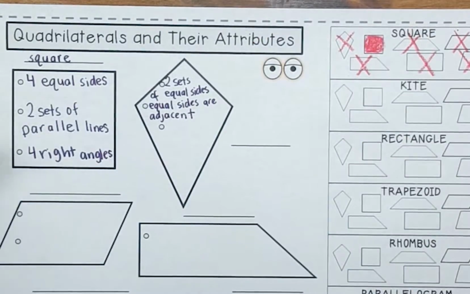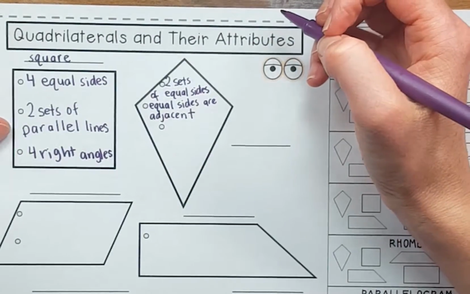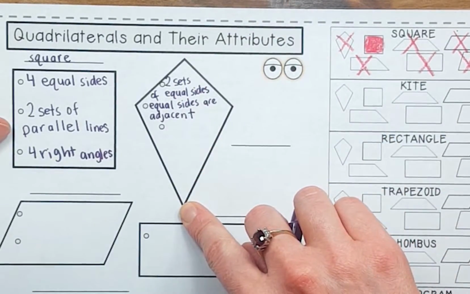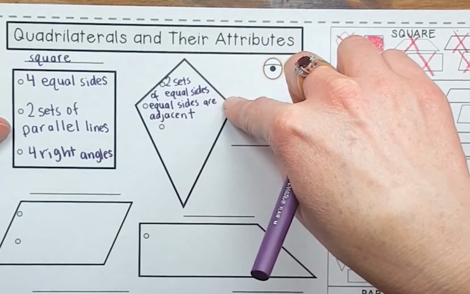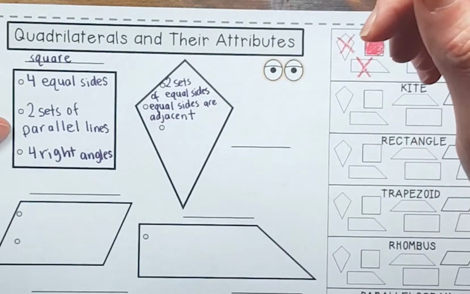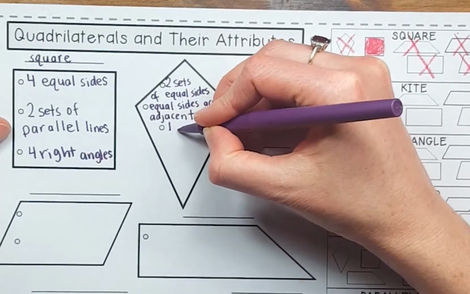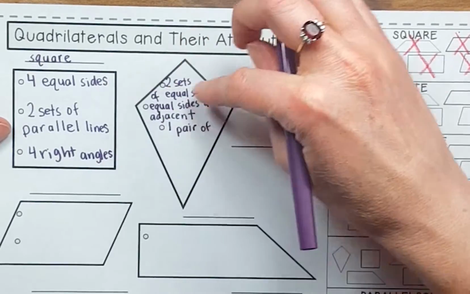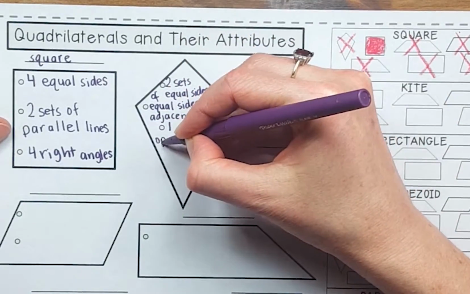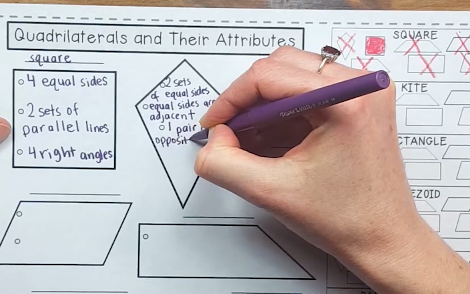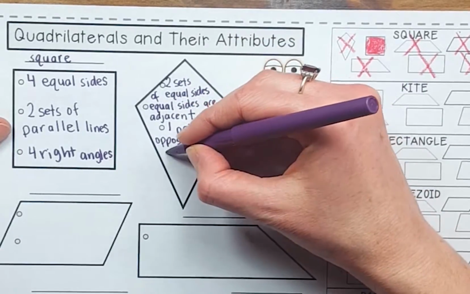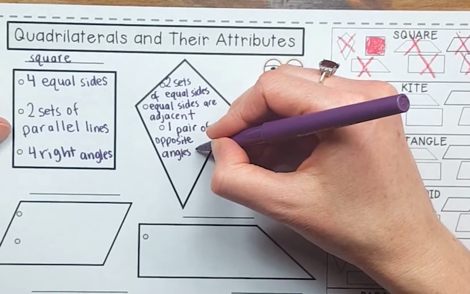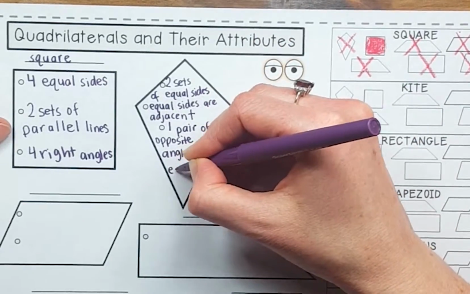What about the corners or the angles? These angles aren't the same size, but these angles are. This shape has one pair of opposite angles that are equal or congruent.